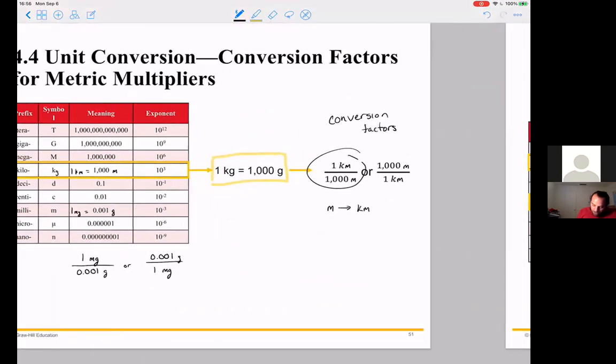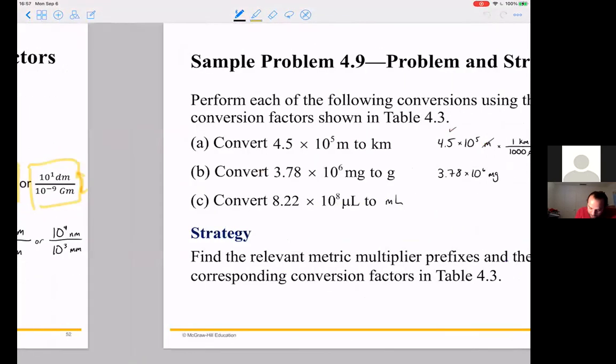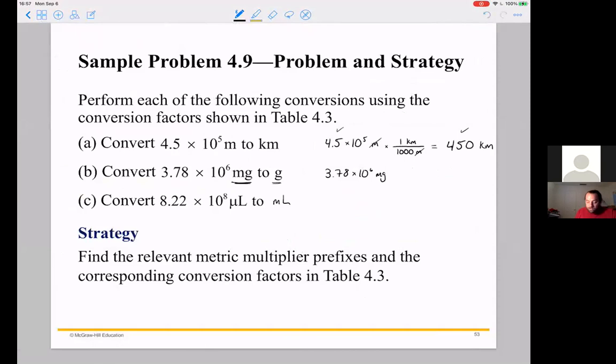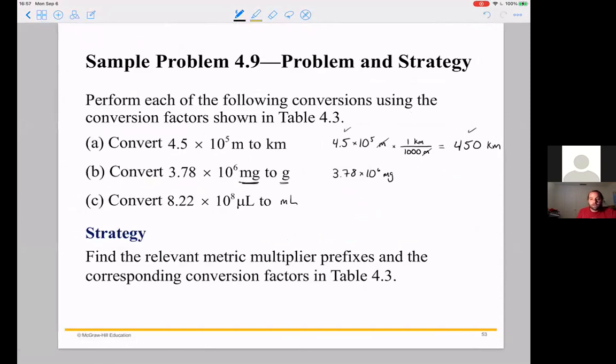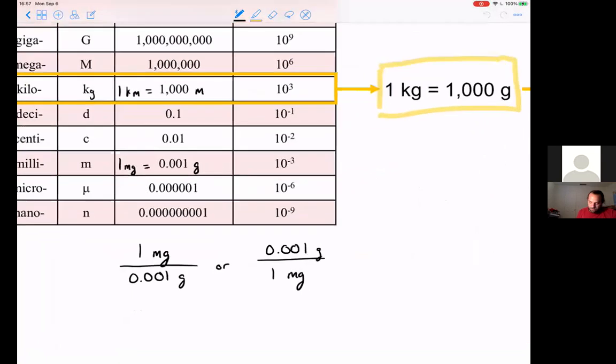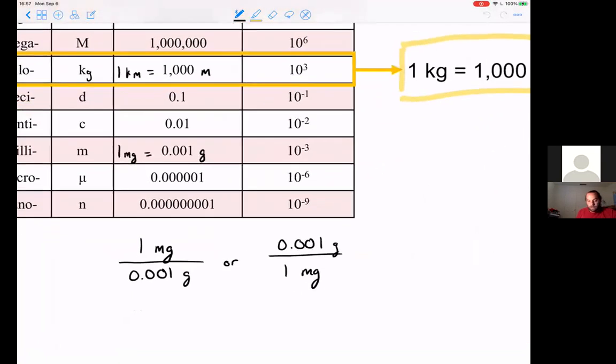And for this particular problem, I'm trying to convert from milligrams to grams, right? So which one of these factors do I use? It should be the one with milligrams on the bottom, so that will cancel out.